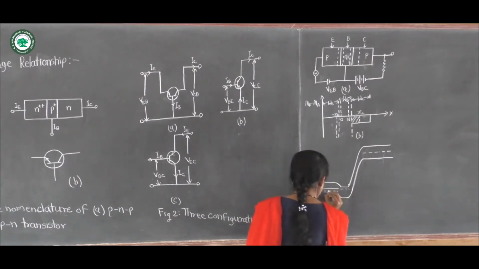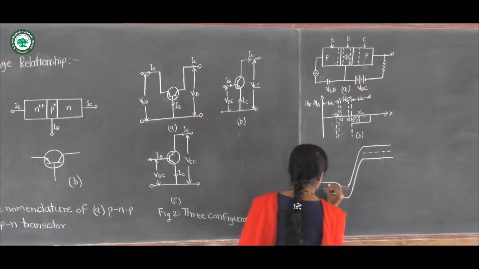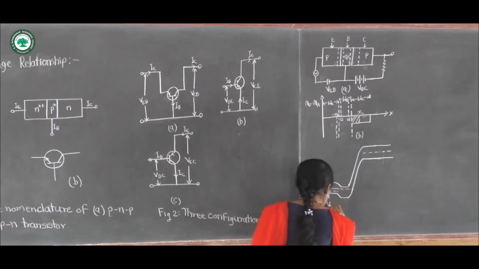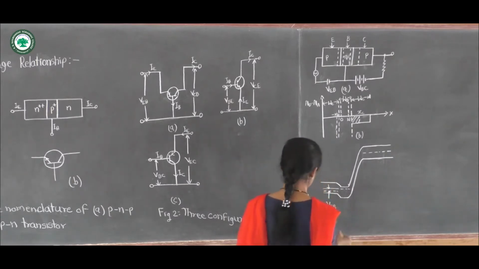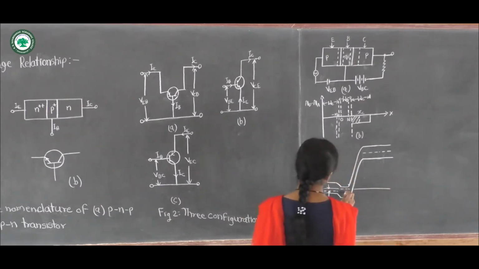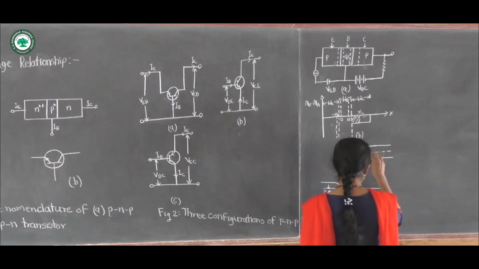So the difference between the Fermi energy levels at this N region and P region is given by voltage VEB, and the difference in the Fermi energy level between N region and P region, that is base and collector, is given by the potential VCB.